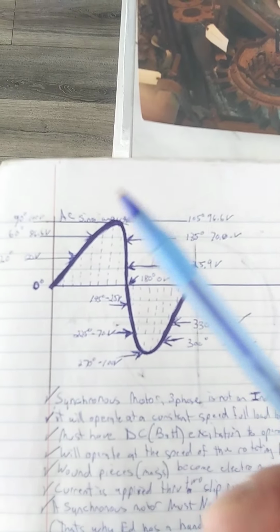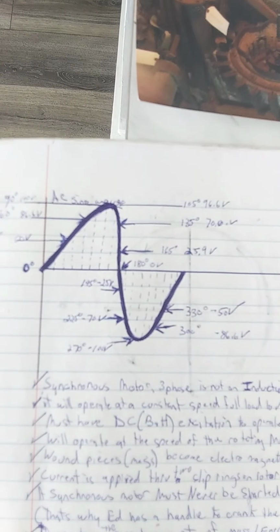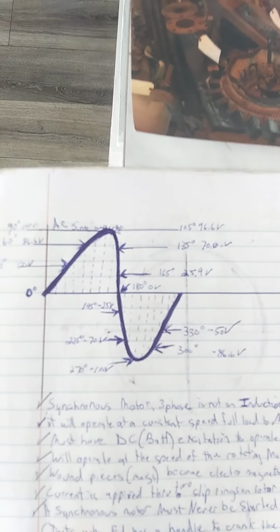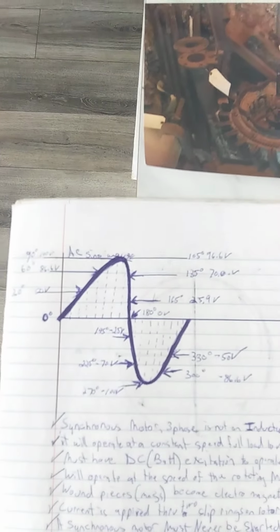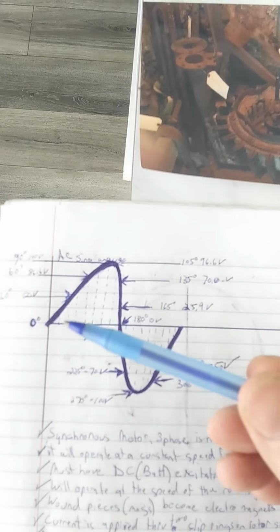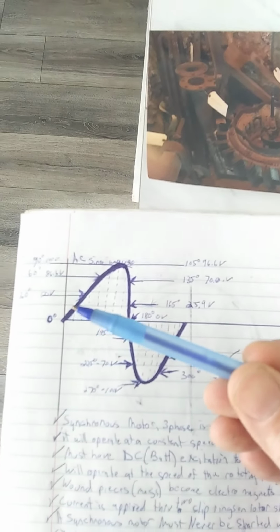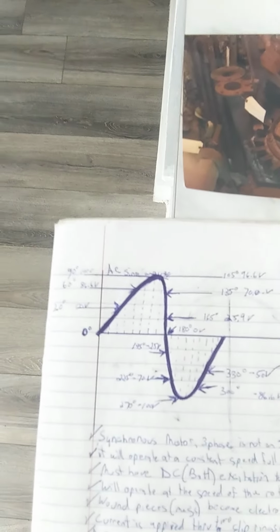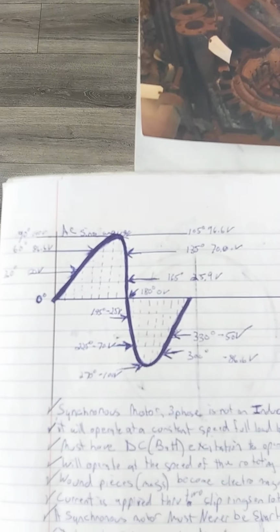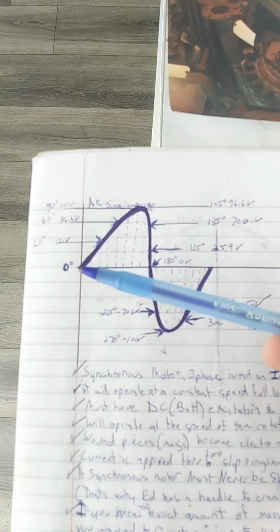So you got positive, negative, neutral at all times. In this wave cycle of the AC, when it hits this 0 point, the whole thing is sucking in ether at this point. It's pulling in magnetism at the 0 point.